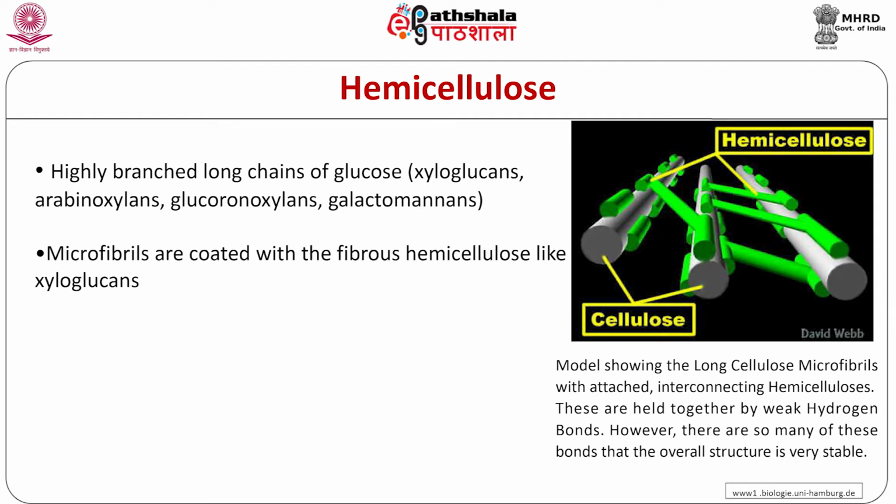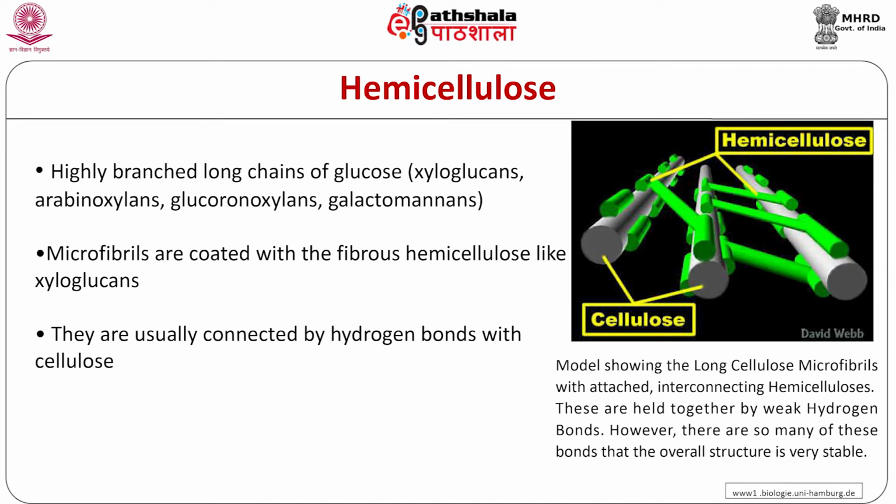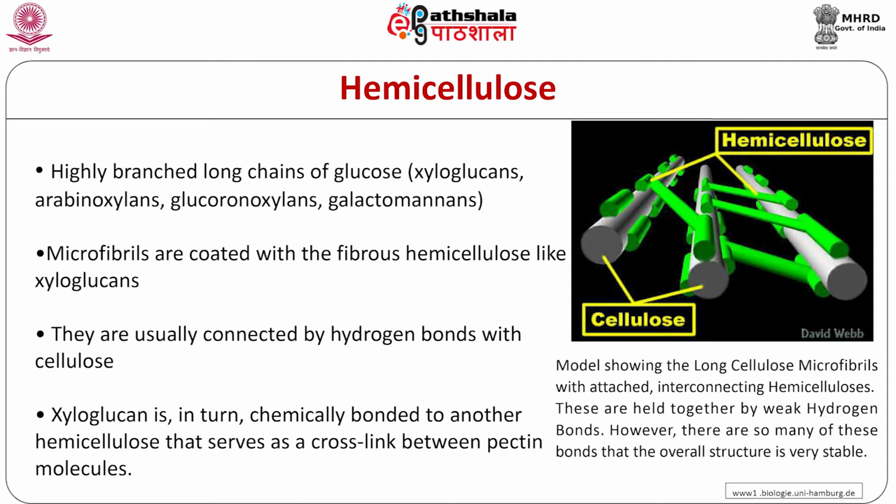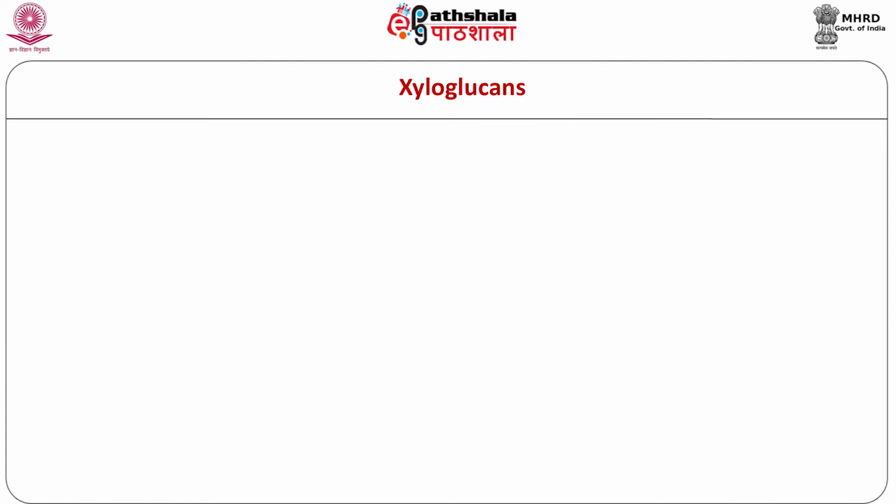Microfibrils are coated with the fibrous hemicellulose like xyloglucans. They are usually connected by hydrogen bond with cellulose. Xyloglucan is in turn chemically bonded to another hemicellulose that serves as a cross-link between pectin molecules.